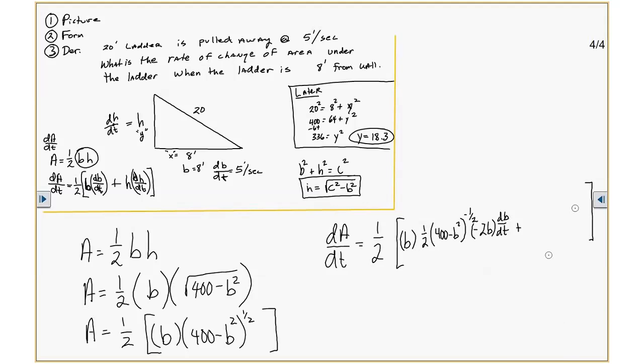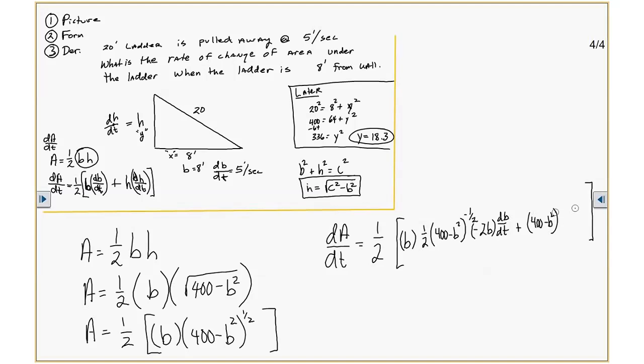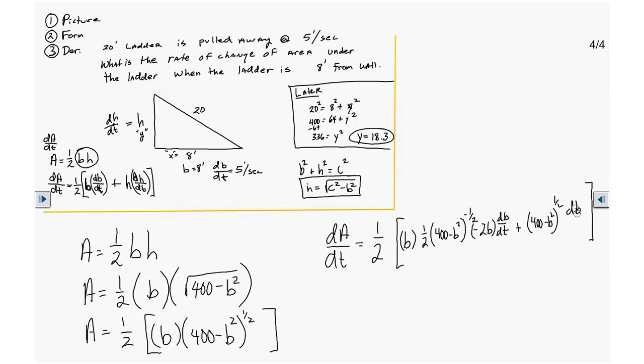Plus the second, which would be 400 minus b squared to the 1/2 times the derivative of the first, which would be 1 dB/dt.